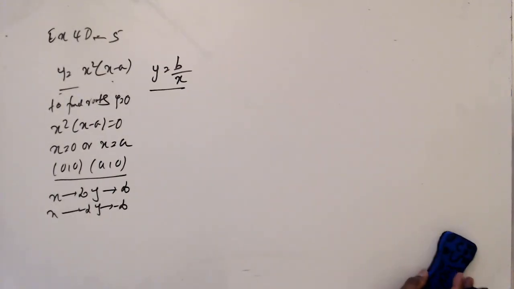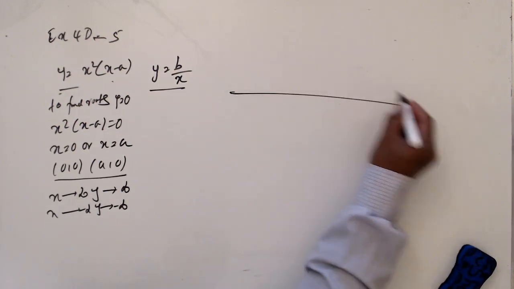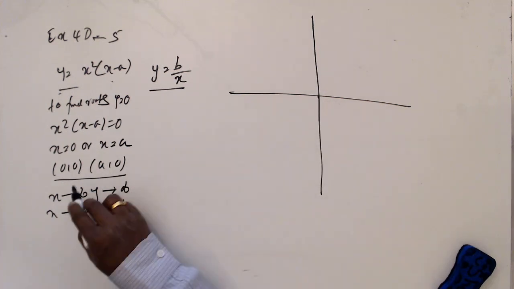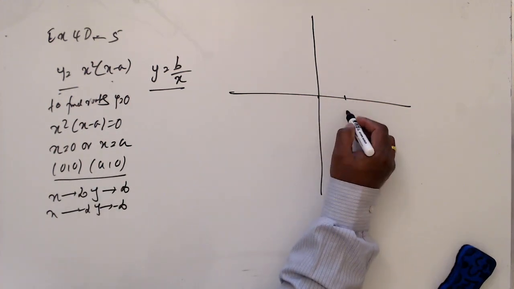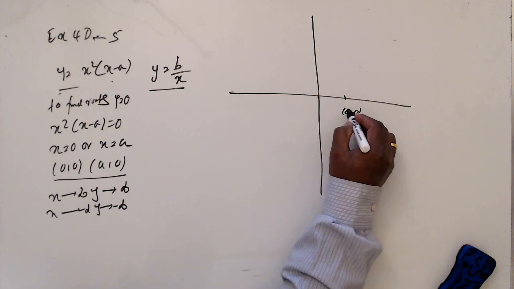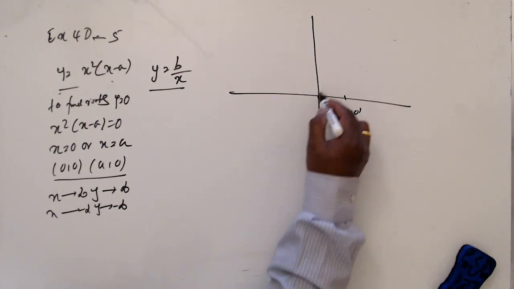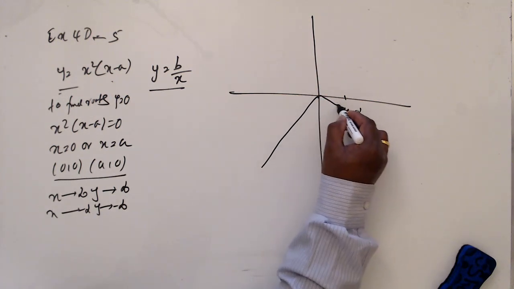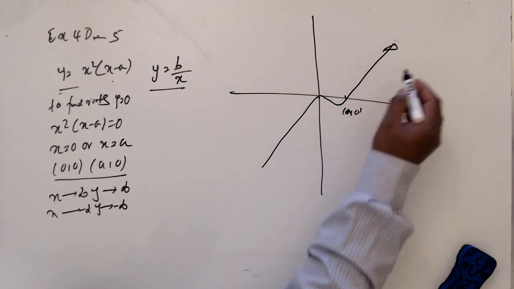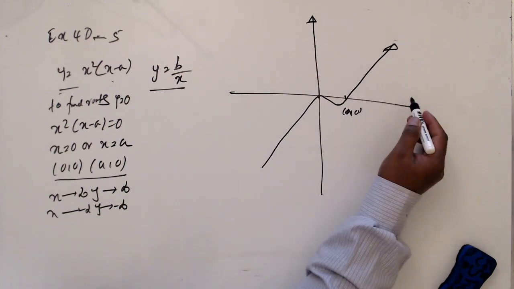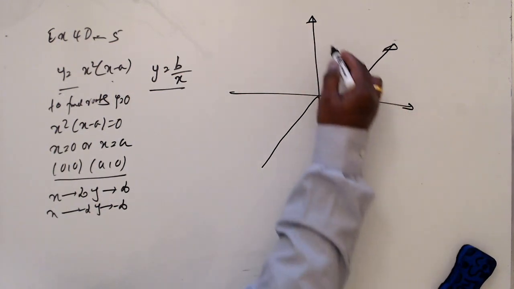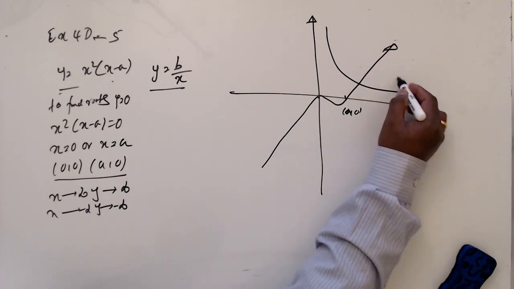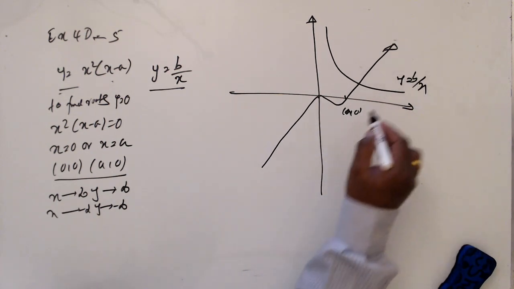Let's draw the graph. This is going through (0, 0) and (a, 0). And this is the graph y equals b over x.